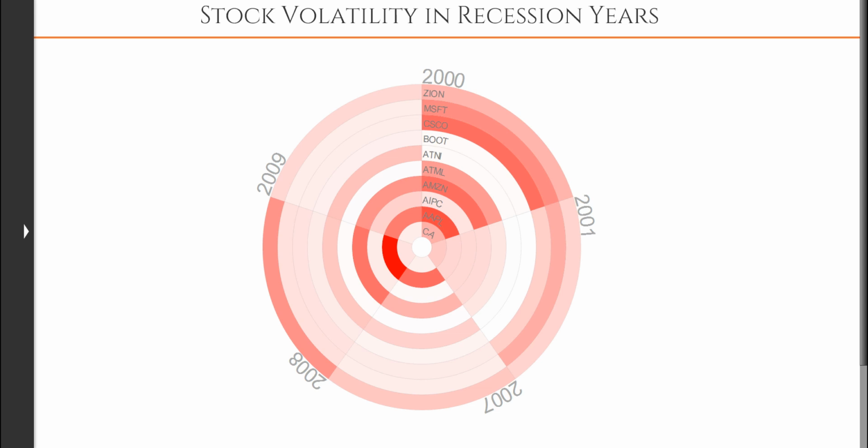If we look at Apple throughout the recession years across the board, we can see that Apple has been relatively volatile in all of the recent recession years, with the exception of maybe 2001, where we see some pink color in the quadrant as opposed to red. Now, if we compare Apple to BOOT, BOOT, by the way, is a symbol for a company called Lacrosse Footwear, we can see that BOOT has been one of the more stable stocks in recent recessions.